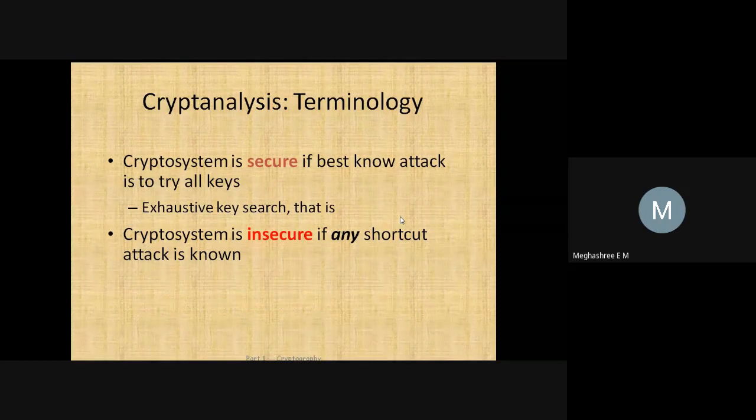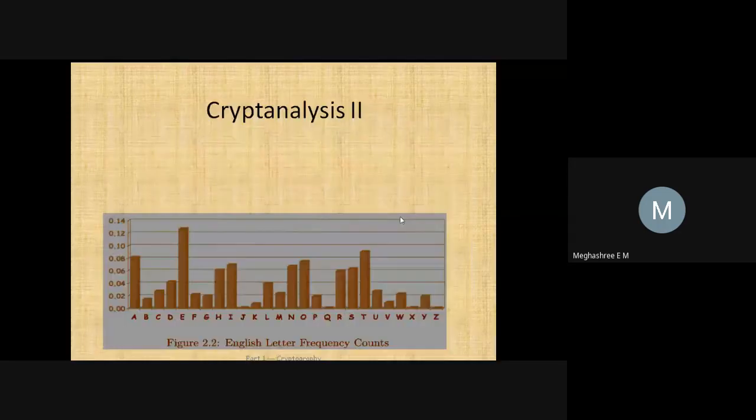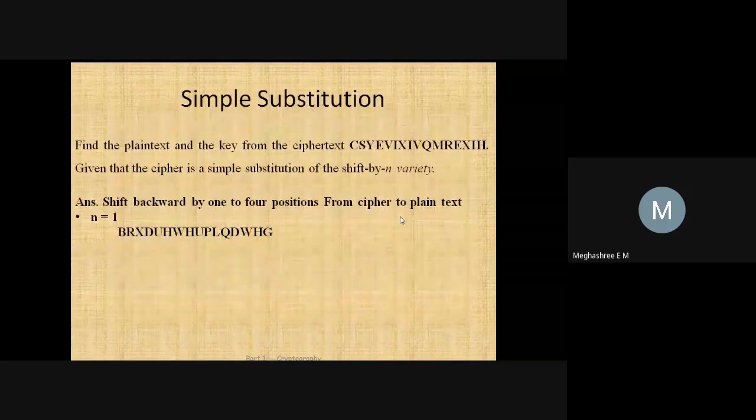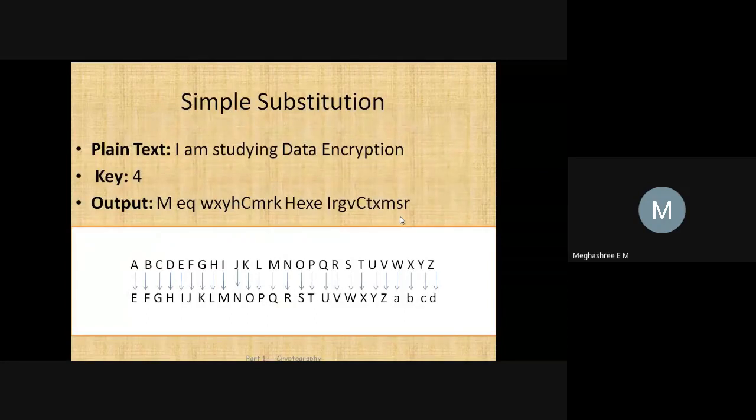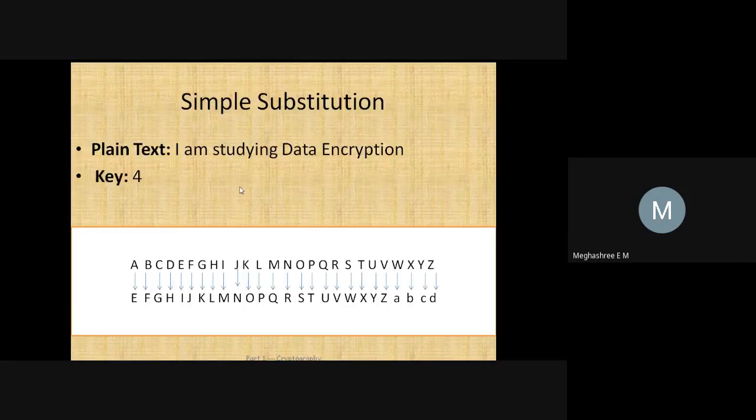So now, since we solved the problem under simple substitution, let me give you a problem here. I want you to try. If you have pen and paper, please try this out. This is the plain text given, and the key given is 4. Apply simple substitution and find out what the cipher text is for this plain text.